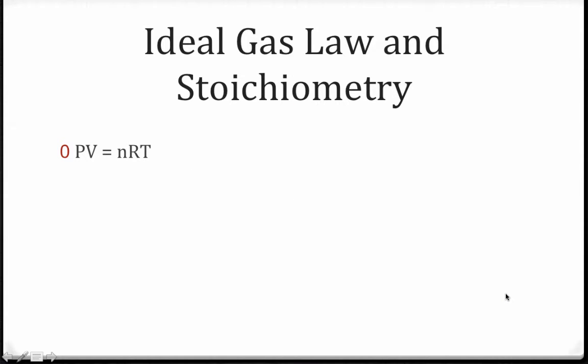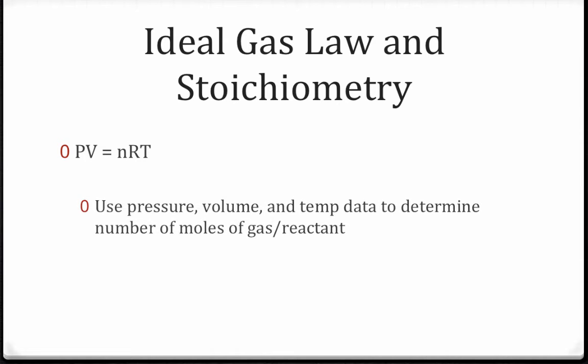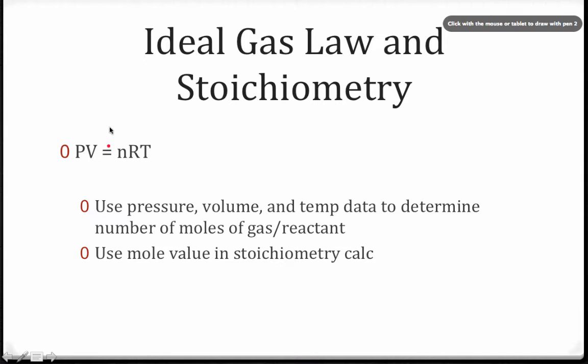So let's talk a little bit about that process in more detail. Again, our key equation here is going to be PV equals nRT. We're going to use pressure, volume, and temperature data to determine the number of moles of gas, or the number of moles of our reactant. We're going to use the mole value in our stoichiometry calculation. Again, we're talking here about this value of n.